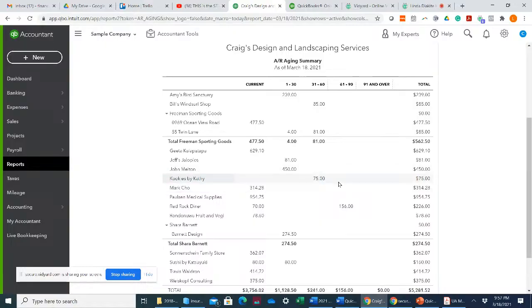So if you receive payment and you do not apply it to an invoice, it shows up negative here. So say for instance, this particular client sent in $200 and you process receive payment, it will show up as negative 200 here because there was never an invoice for 200. So just be careful about that.